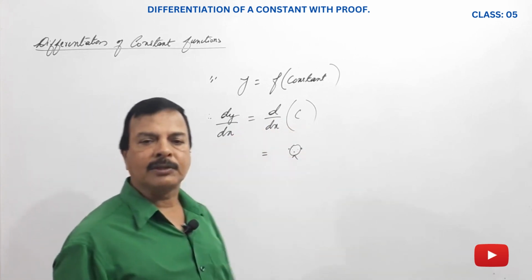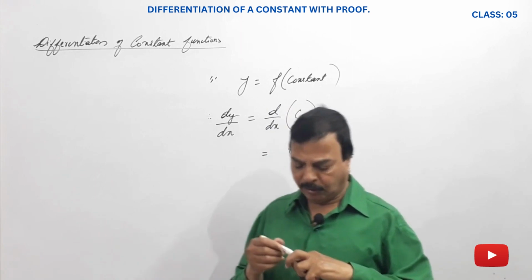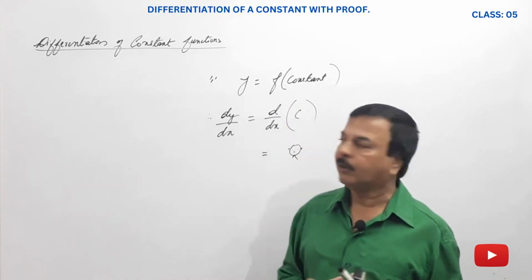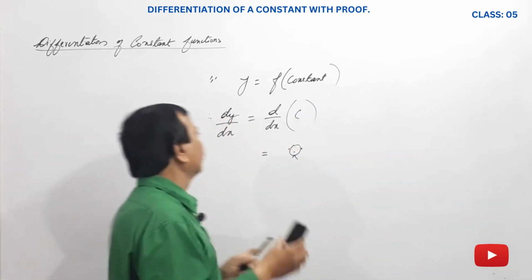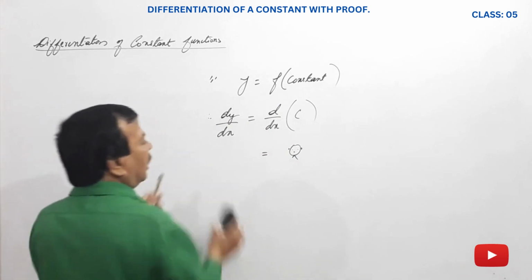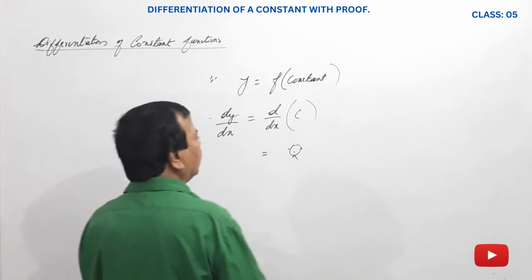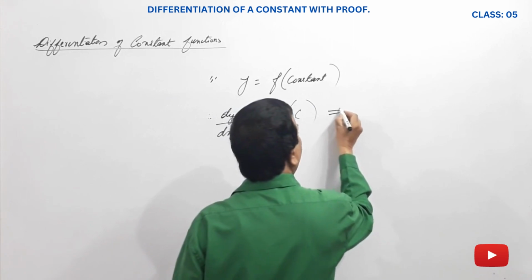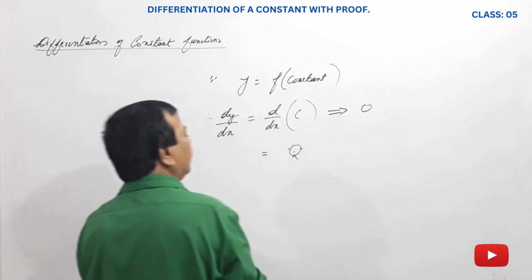So let us prove this. If you differentiate a constant, how do you get 0? Let's prove it.